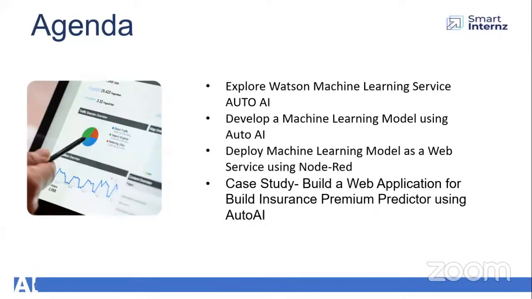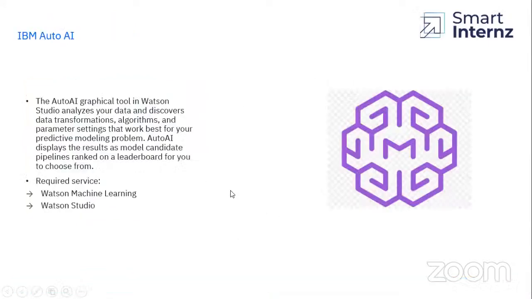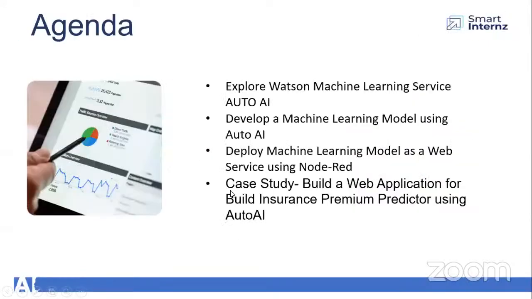The agenda for today is we'll start working with Watson Machine Learning service, that is Auto AI. We'll develop a machine learning model using Auto AI. We'll deploy the machine learning model that we have created using Auto AI as a web service. And the case study for today is we'll be building a web application for an insurance premium predictor using Auto AI.